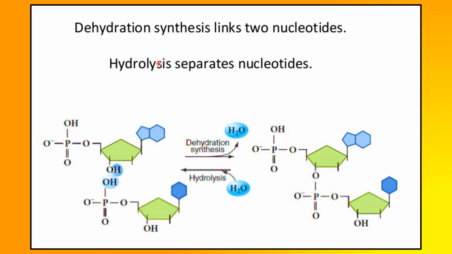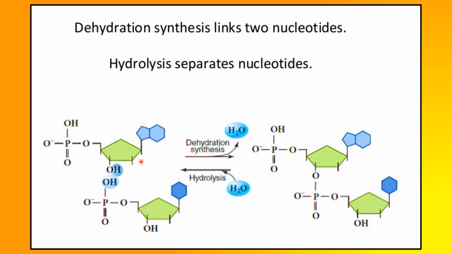So how do you link two nucleotides together to eventually get DNA or RNA? Ding, ding, ding, dehydration synthesis, see? How do you get them apart? Hydrolysis. So we hook them together by taking away water, we break them apart by adding water.